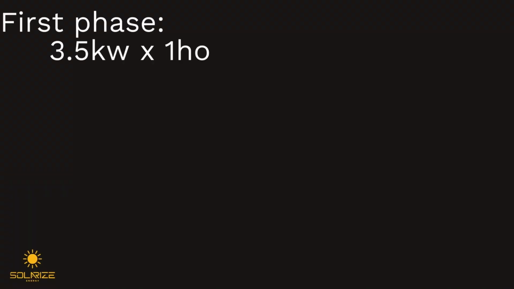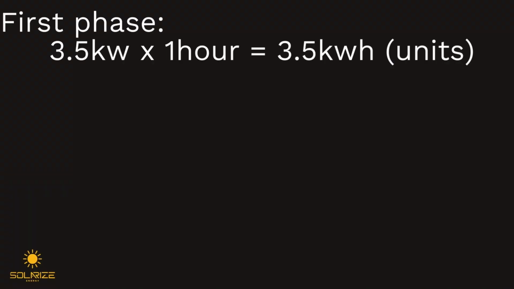So I've broken this up into 2 phases. For the first phase, we will look at the entire hour that the geyser is drawing power from the grid. And so we will have 3.5 kilowatts, that's the rating of the geyser, multiplied by an hour, which then equals 3.5 kilowatt hours. But then for the second phase, you don't have a full hour, but you have 40 minutes of an hour.